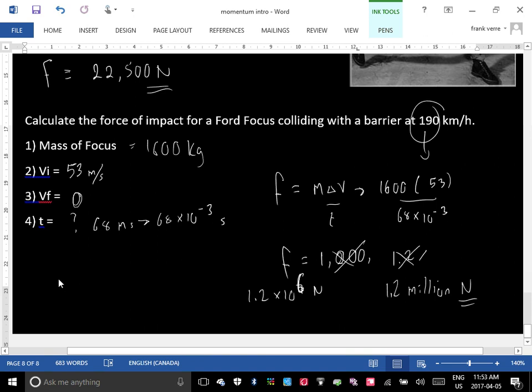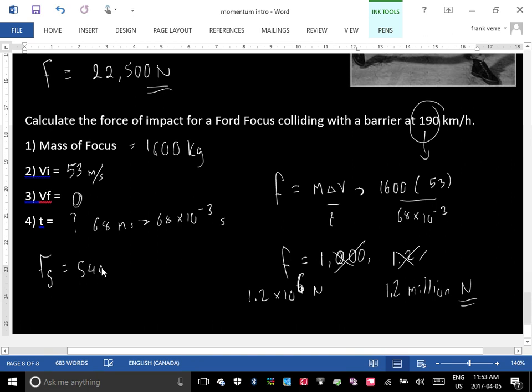Who wants to look it up? Mass of an elephant. An elephant is 5,000 kilograms? But what's the weight of it?